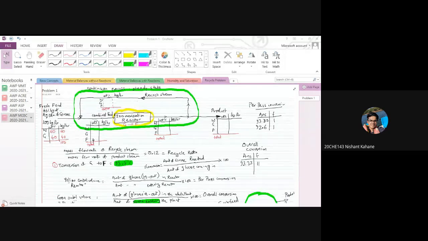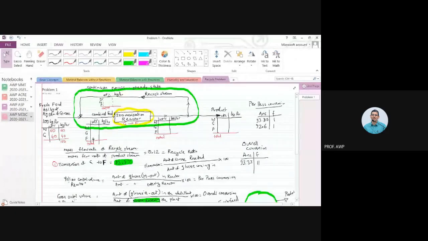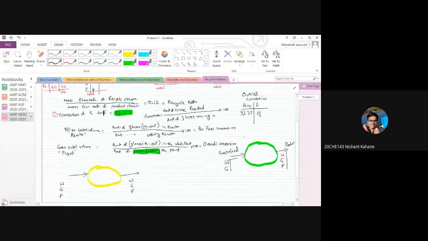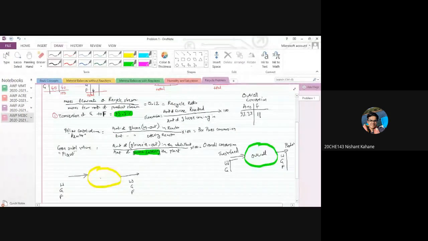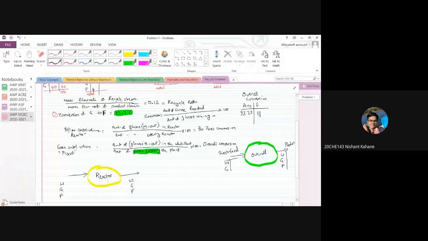Sir, I also got 93.333. Per pass or overall? Overall. And per pass, use the calculator. So we can do it without variables. Excellent.